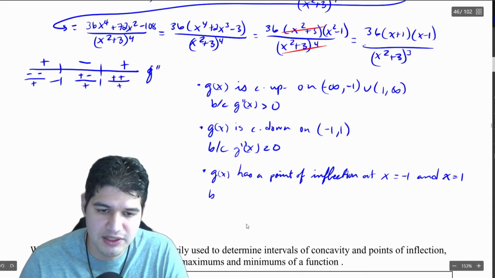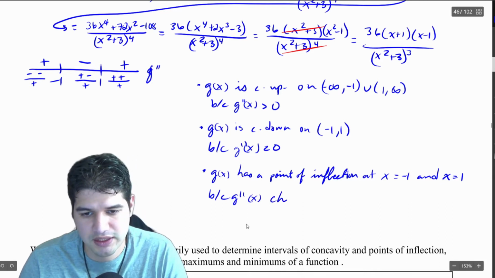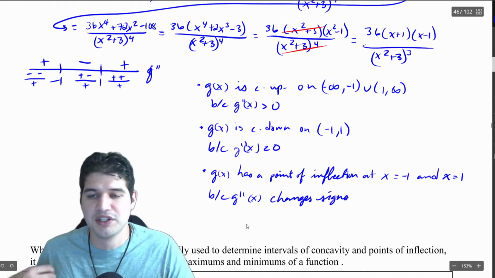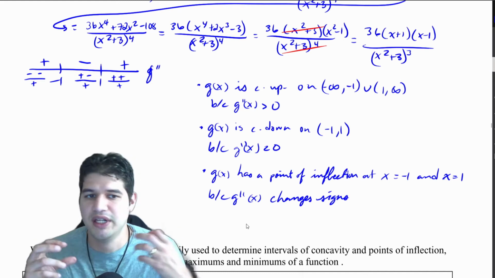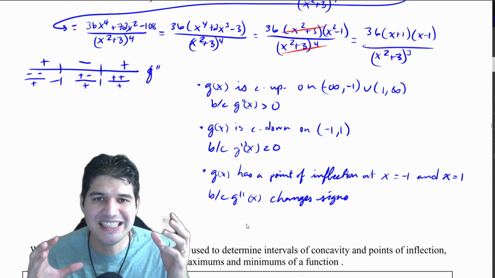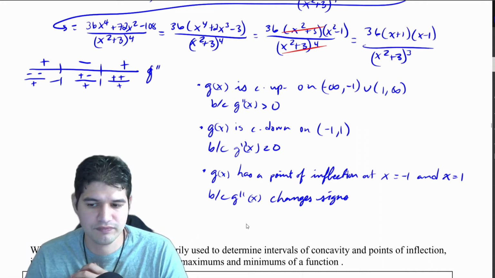And we know this because the second derivative of x changes signs. And again, you don't need to specify whether it's changing from positive to negative or negative to positive. Only the fact that it changes signs is enough to state that those are points of inflection.